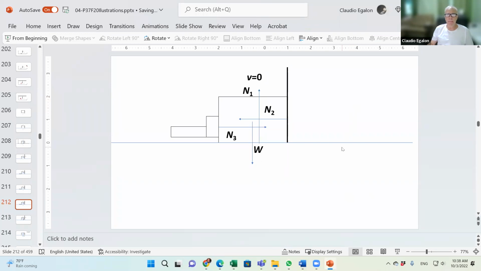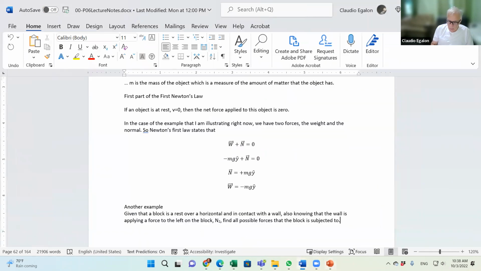When you sum those forces along the x and y axis, we must have a net force equal to 0. So along the x axis, N2 is going to be equal to minus N3.